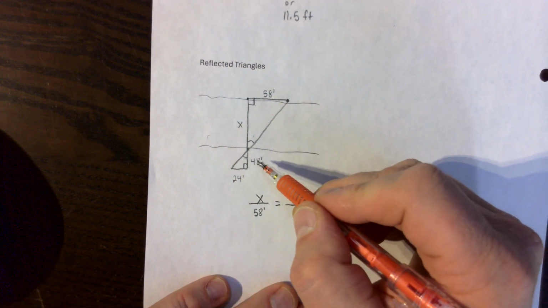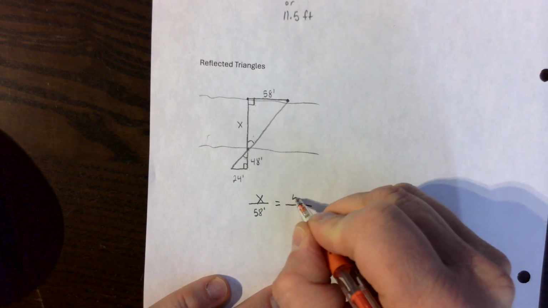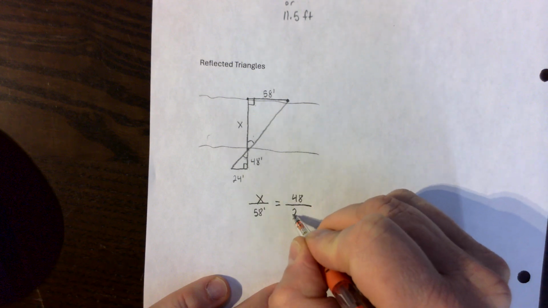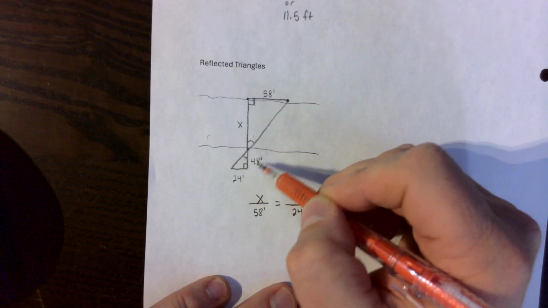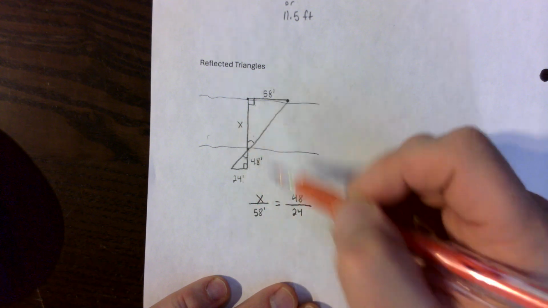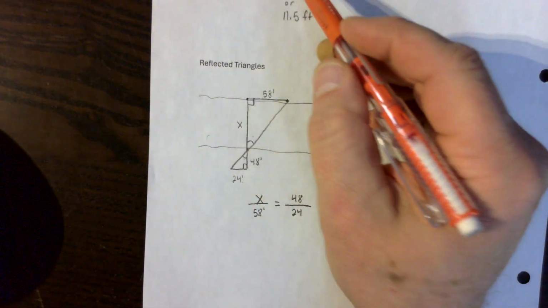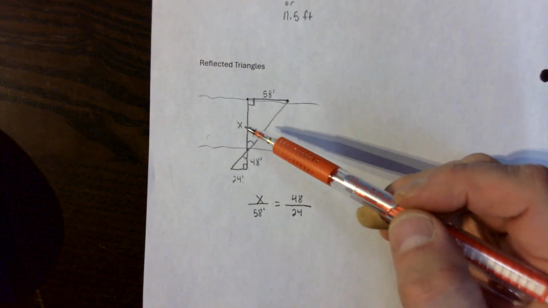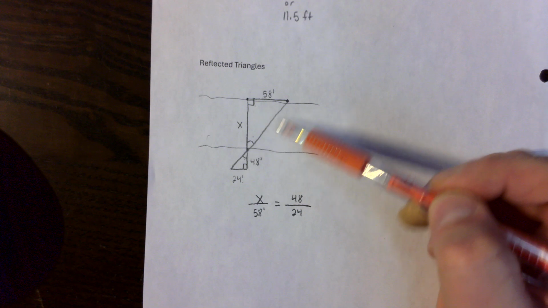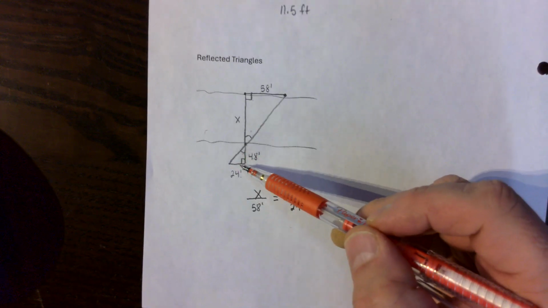And here 48 is our distance across and 24 is our horizontal distance. So here it's 48 over 24, here it's x over 58. So it doesn't quite have the same nice visual representation, but the idea is still the same. This stuff here came from the big triangle, this stuff here came from the little triangle.